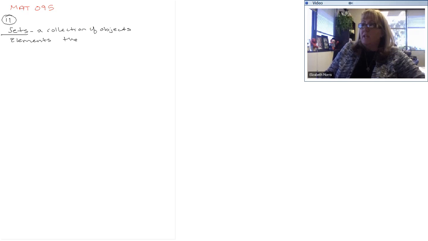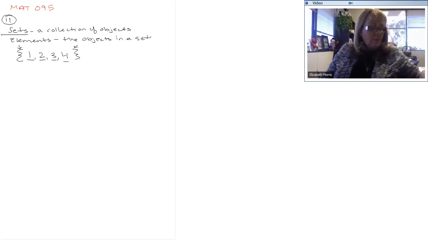Those are the objects in a set. Okay? And a set looks like this. It could be like 1, 2, 3, 4. Okay? So these lines right here represent the fact that it's a set, and these are the objects. So 1 is an object, 2 is an object, 3 is an object, etc., etc.